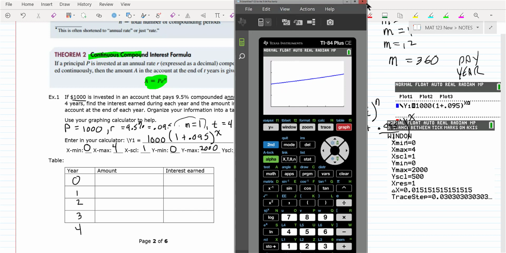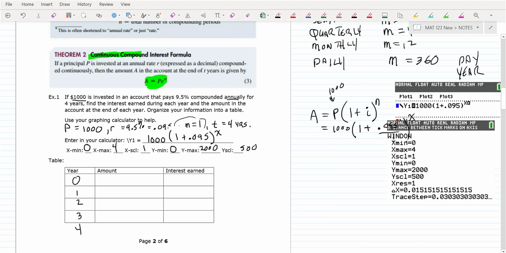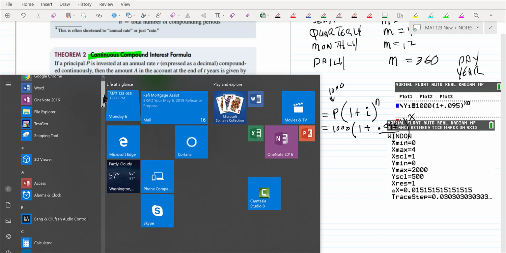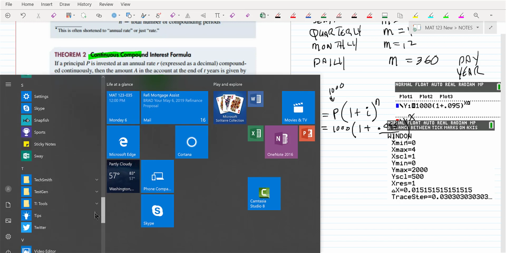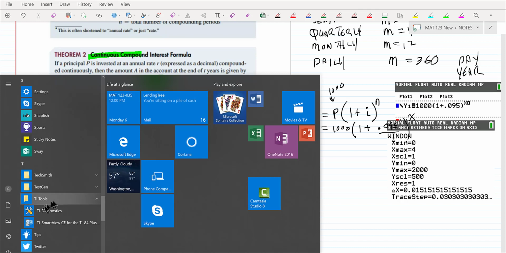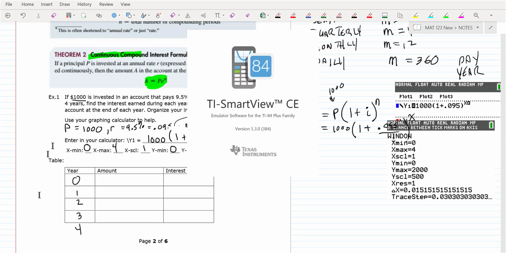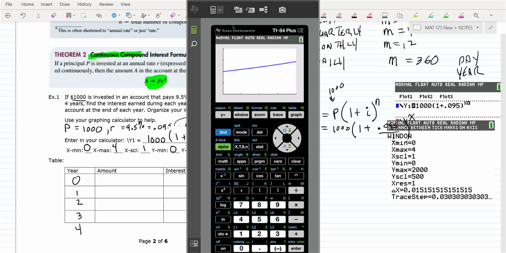Let me close this calculator because something's going on with it. Now what we're going to do is look at our table of values. There we go. Now it's working.